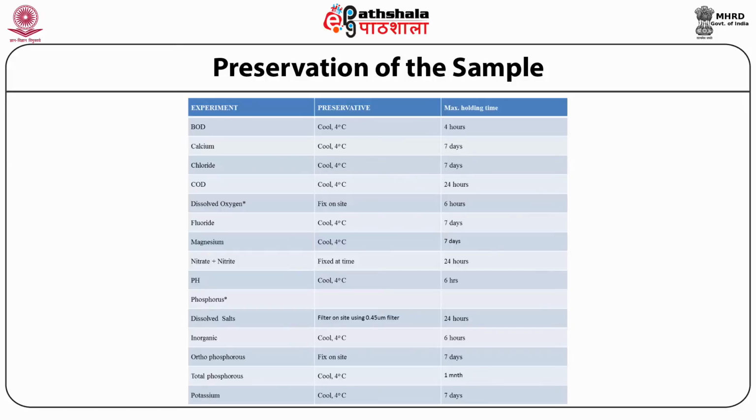Nitrate and nitrite are also fixed at the time of sampling, and are determined within 4 hours after the collection of the sample. The other parameters like phosphorus, dissolved inorganic and orthophosphorus, are all cooled at 4 degrees centigrade and determined within a 24 hour period.